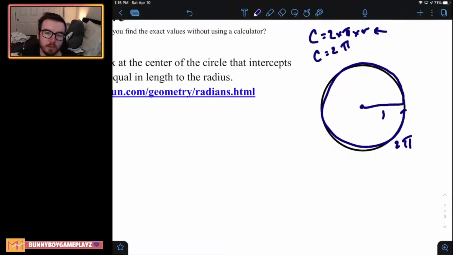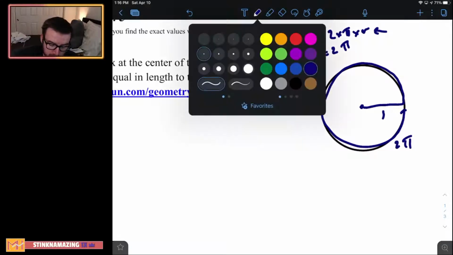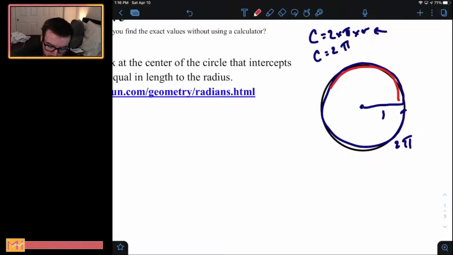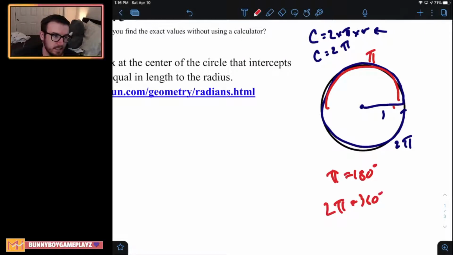When we speak in radians, we say that we've gone 2 pi around. We've gone all the way around the circle. So that means half of the circle is simply pi, because it's 2 pi all the way around. So pi is equal to 180 degrees, and 2 pi is equal to 360 degrees.